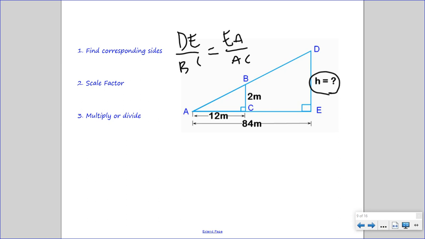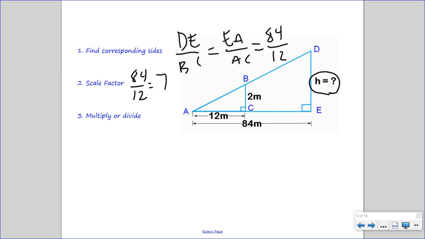For example, I know that EA is 84 meters and AC is 12 meters. So when I do the division of 84 by 12, I get my scale factor, and my scale factor is 7. So that's it.